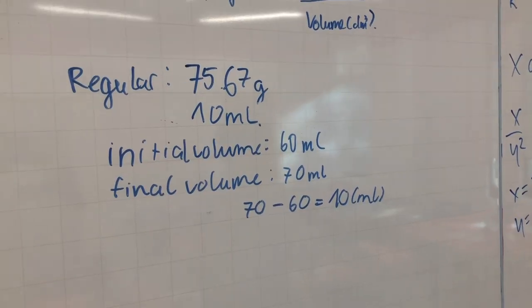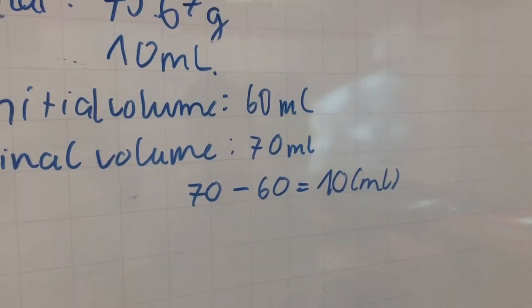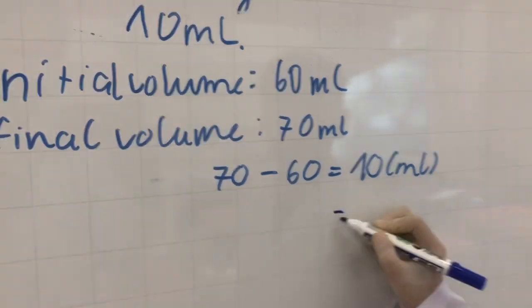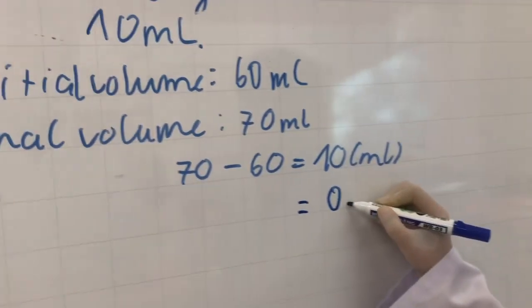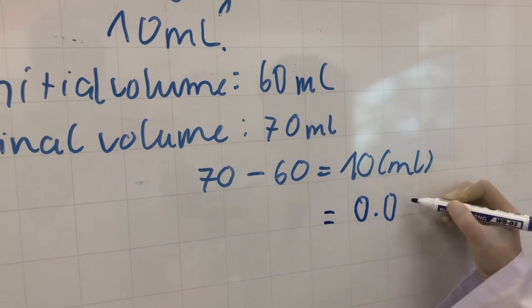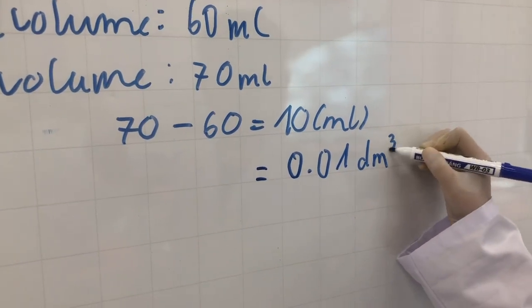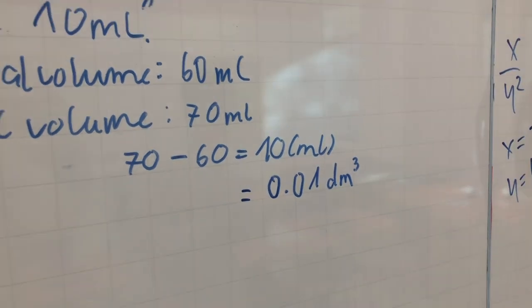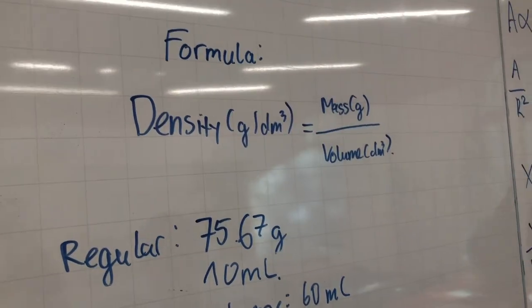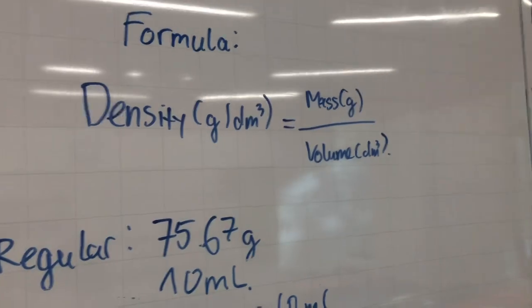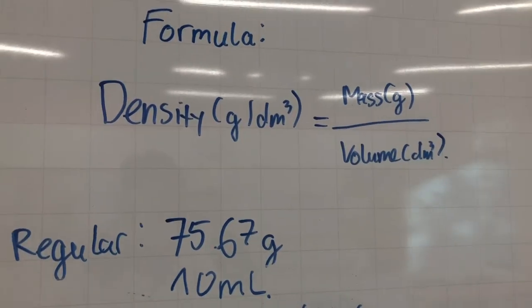Now we're gonna change our unit from milliliter into decimeter cube. So 10 milliliters equals 0.01 decimeter cube. And that leads to the formula to calculate our regular object density.